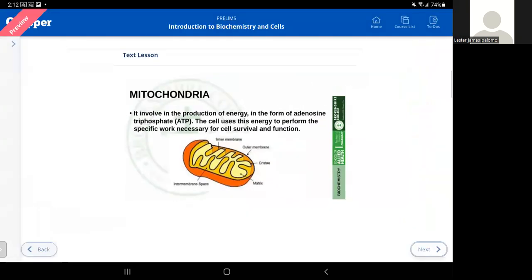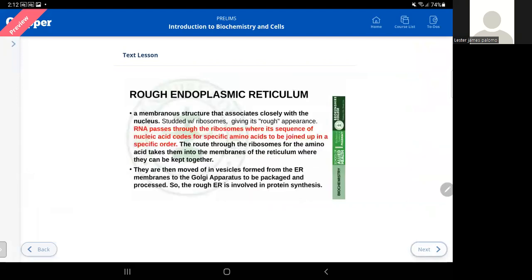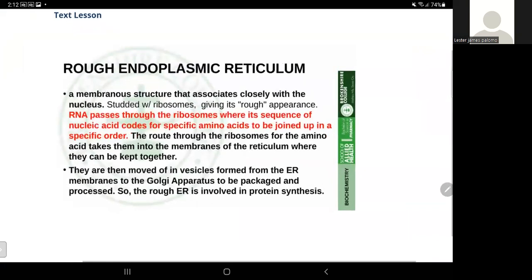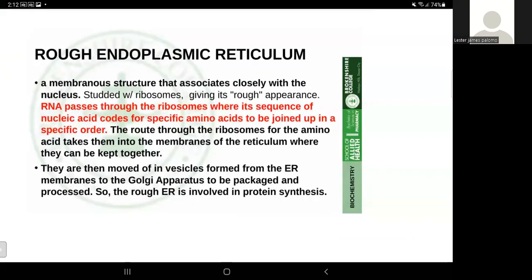And then we have the next one. The next organelle is the rough ER. Why is it rough? Because the ribosomes are there. Many ribosomes are present in your rough ER. It is a membranous structure that associates closely with the nucleus. Under organelles, if you look at questions online or in exams, one good question is whether these organelles are membranous or not.